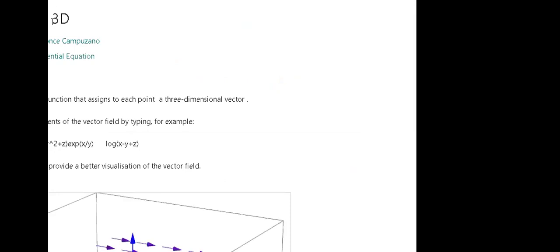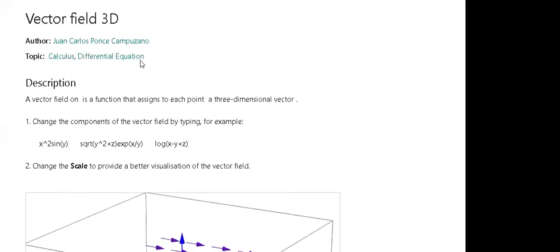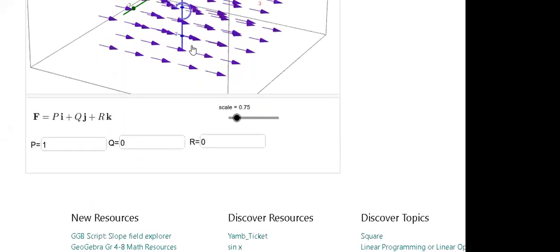Yeah, three-dimensional. Yeah, three-dimensional. PQ. Yeah, you can give any function values. That give me a second, right?